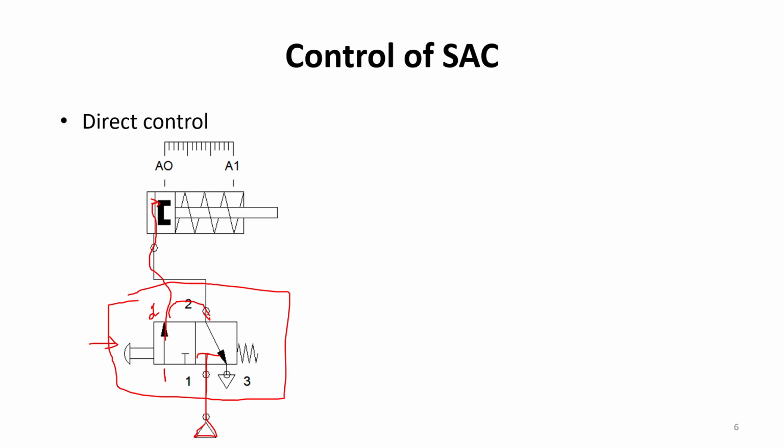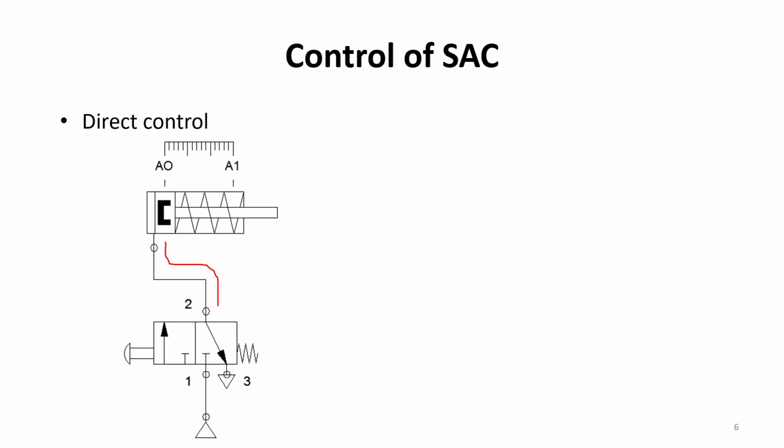Now, if the push button is released, because of the spring force the DCV spool will return back, and that will make the normally closed position of the DCV connected. And as the normally closed position of the DCV is connected like this, the air present in the cap end of the cylinder will escape from port number 2 to port number 3, and it will be exhausted into the atmosphere.